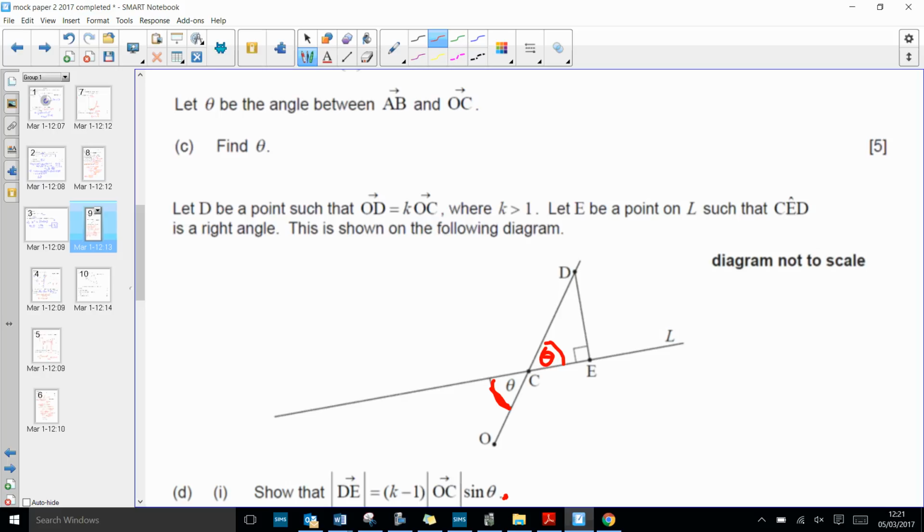They're talking about length of DE, so they're talking about this length here. So this is length DE. And hopefully you remember your SOHCAHTOA in that sine theta would be length DE divided by length CD.